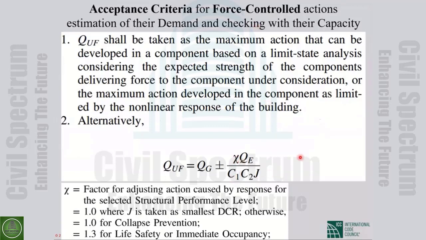Therefore, for the deformation control parameters in the linear analysis, we use the M factors, but for force control, we don't use M factors because we can't accept their demand be more than their capacity, but at least calculate their demand in a better way, not this much conservatism, because the deformation control element parameters, when they get damaged, they will control the load.